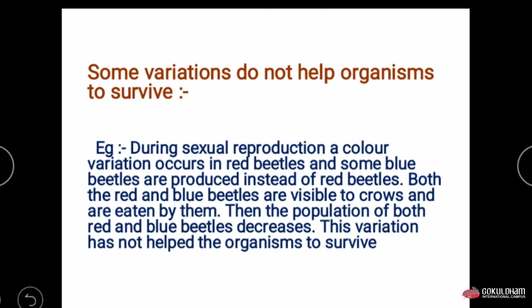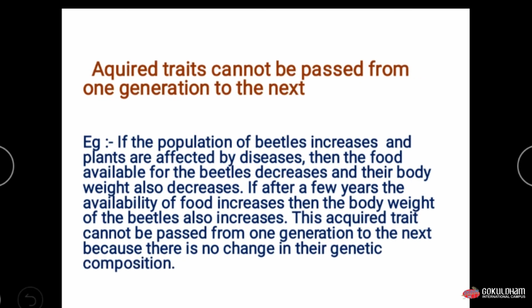Now next is trait. Acquired traits cannot be passed from one generation to another generation, which means the certain characters acquired by particular individuals are not passed from generation to generation. Only those traits or characters that are connected with the genetic material are transferred from parents to offspring.